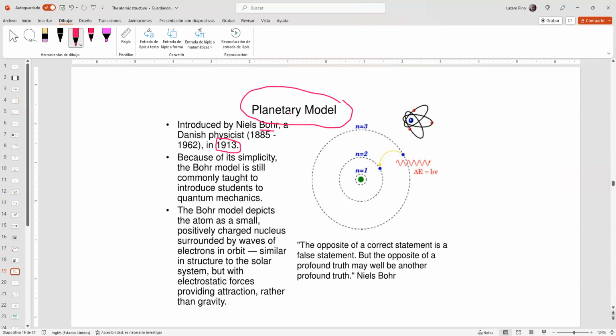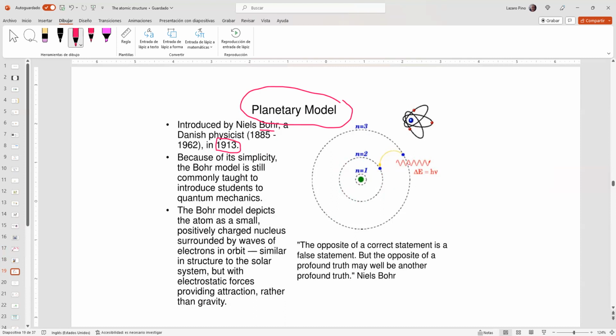He proposed the planetary model. Then the nucleus of the atom was like the sun, and the electrons were around the nucleus in specific areas, like the planets around the sun.